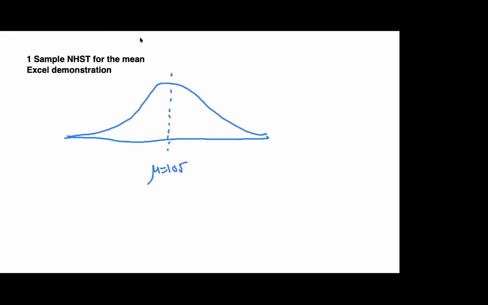If we're using an alpha level of 0.02, then there's a range down here that would surprise us and a range up here that would surprise us. And these would be half of alpha, or 0.01 each. So that gives us a picture of the critical region.